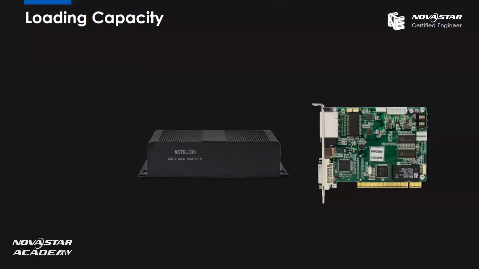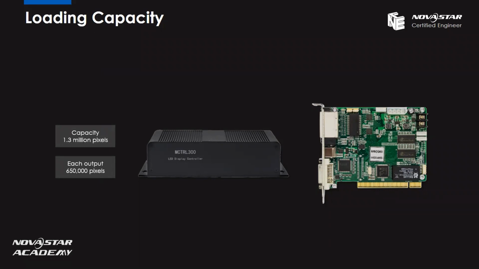Here is the first important information for you to remember. The loading capacity of an M Control 300 is 1.3 million pixels, and we know the M Control 300 has 2 output ports. So for each output port, the loading capacity is 650,000 pixels.